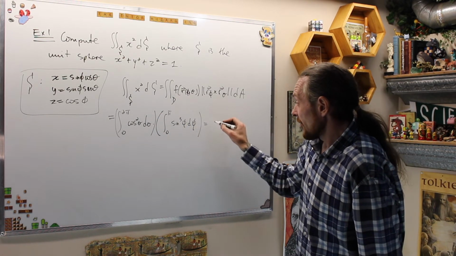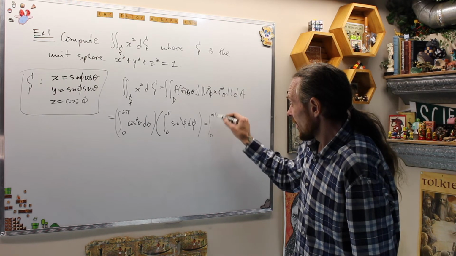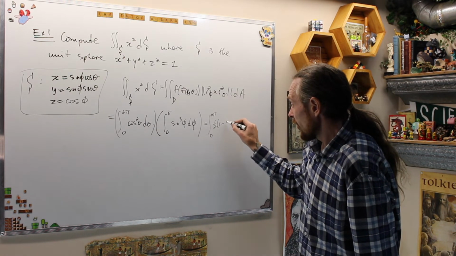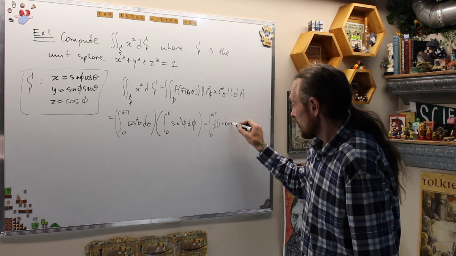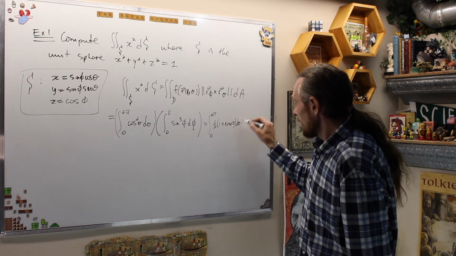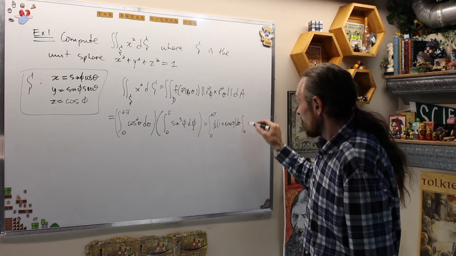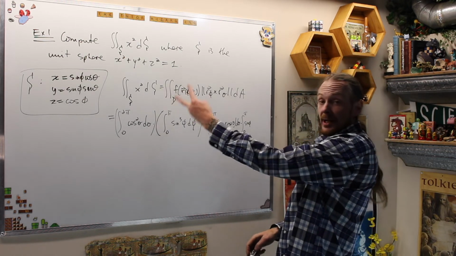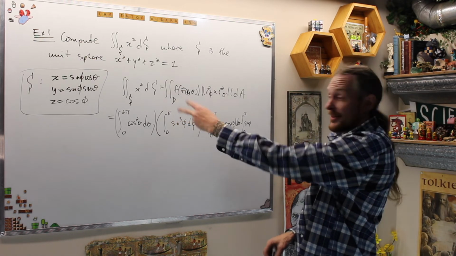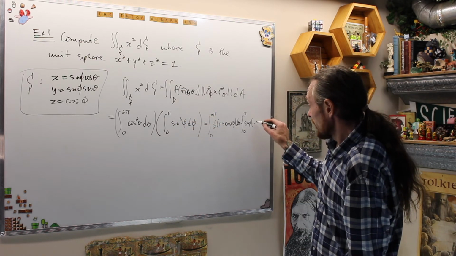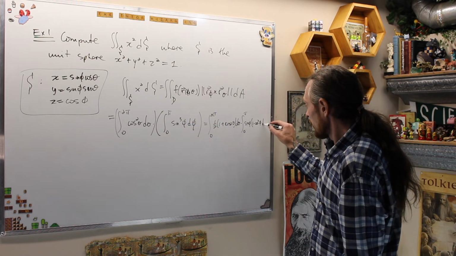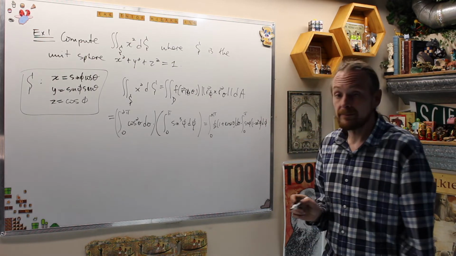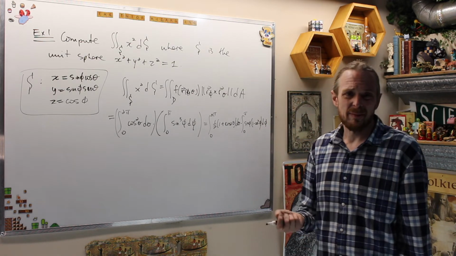This is going to equal, first of all, the integral from 0 to 2 pi of 1/2 times 1 plus cos 2 theta d theta times the integral from 0 to pi of sine phi. I'm splitting the cube into 1 and then sine squared. Sine squared is 1 minus cos squared phi d phi. So I'm using a bunch of trigonometric identities.